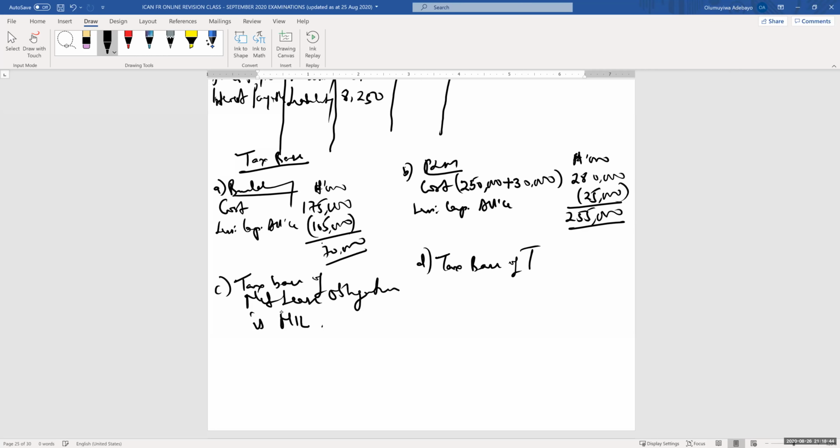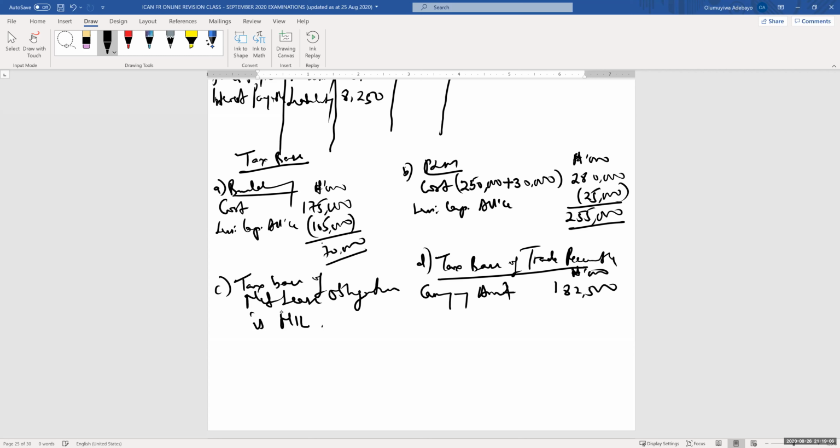Which then implies that to determine the tax base of trade receivable, you need to determine what is the carrying amount of receivable. It was 182,500.